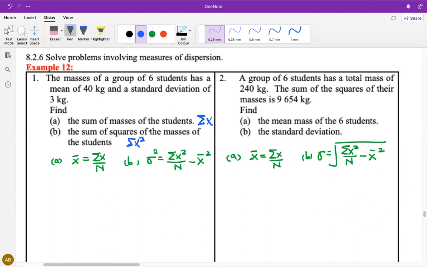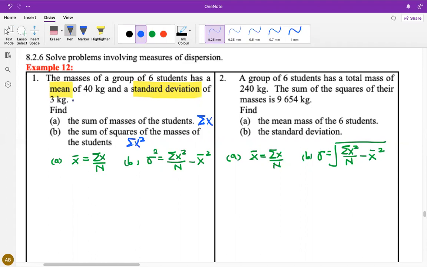Okay, as you know, it's given mean and standard deviation, so you need to remember the formula. Mean, x bar, equals the sum, sigma of x, divided by n.